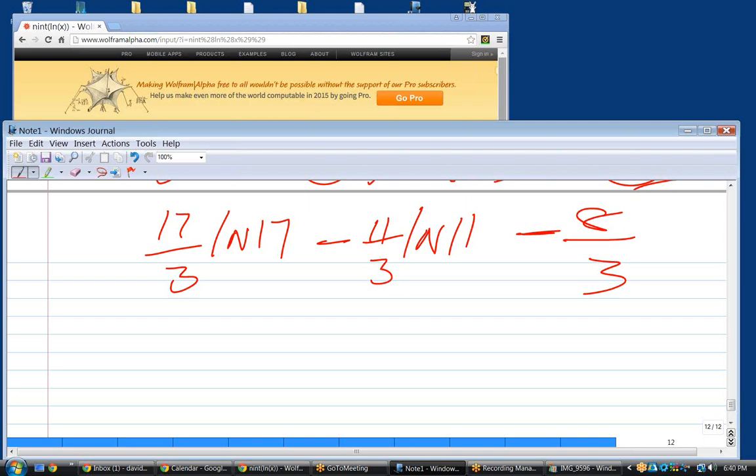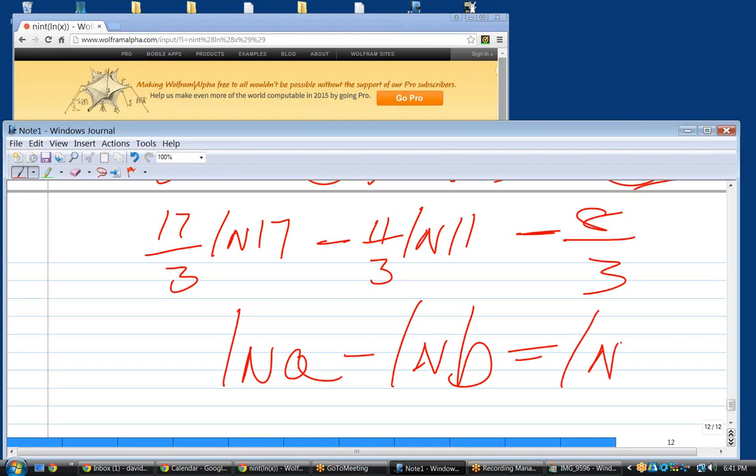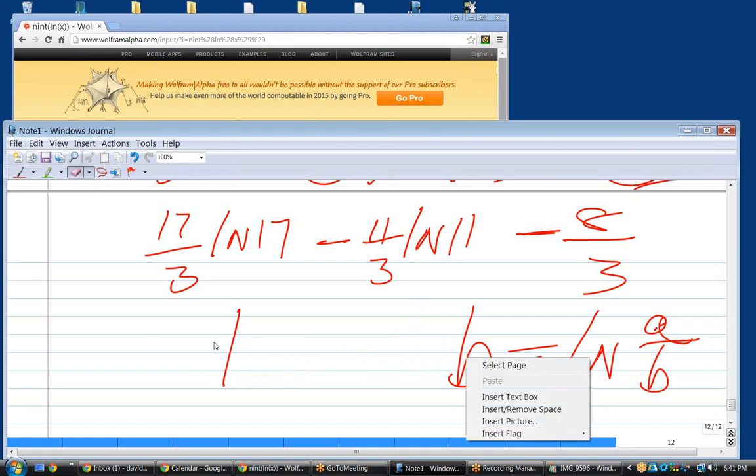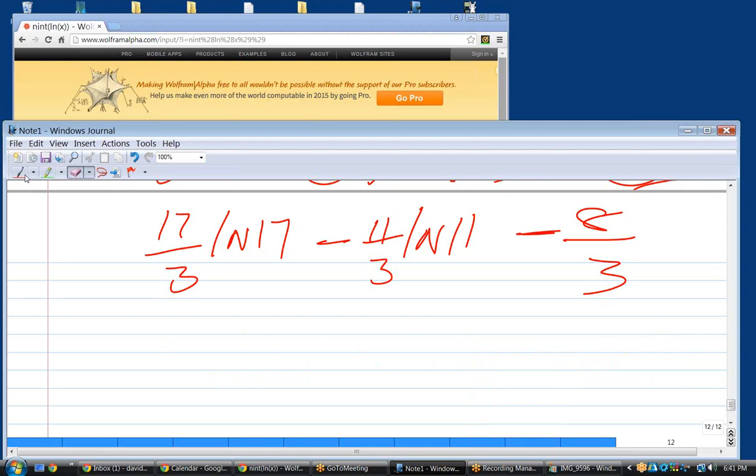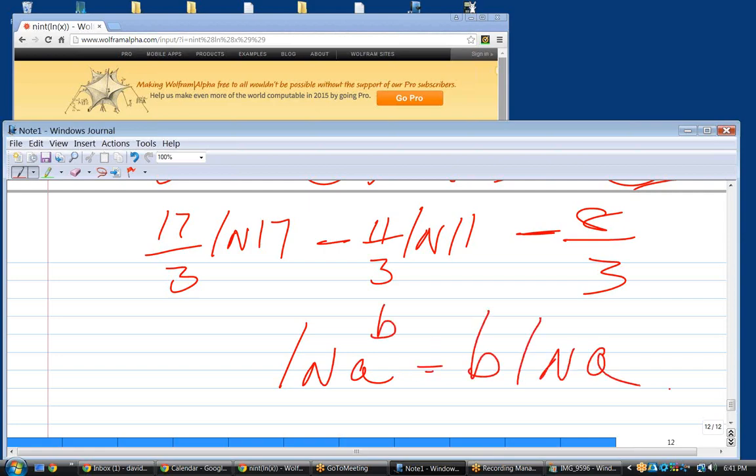I haven't done natural logs. They're the same as regular logs. When you have the log of A minus the log of B, that's equal to the log of A over B. All right. Also, when you have the natural log of a to the b power, that's equal to b times natural log of a. I know the law. So I can take that and make that the exponent.